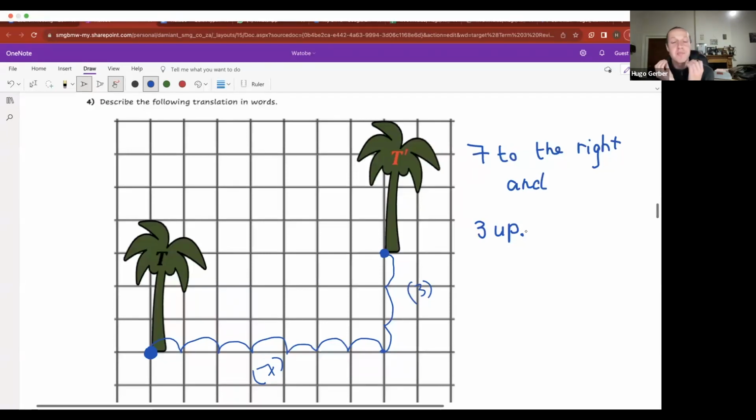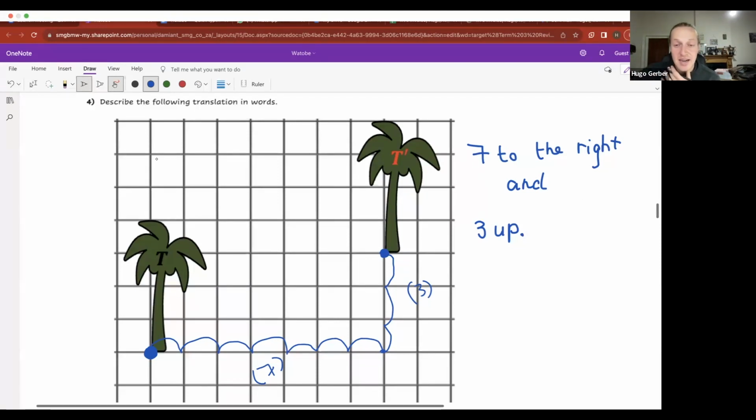Now, can you imagine doing this the wrong way around, trying to explain how they went from T prime back to T? Then it would literally be the opposite. You would have to go 3 down and 7 to the left. So that would really be the complete opposite, and it would be wrong.